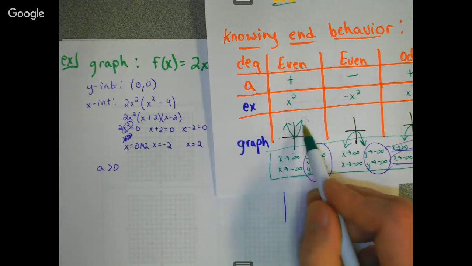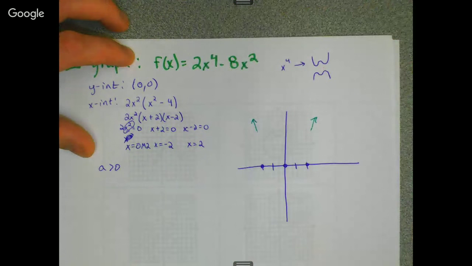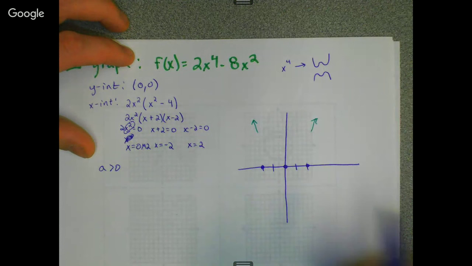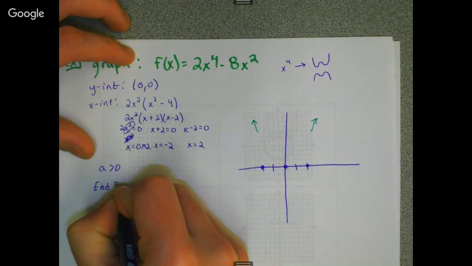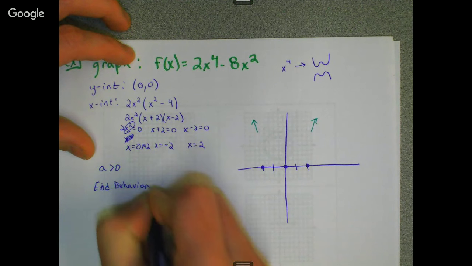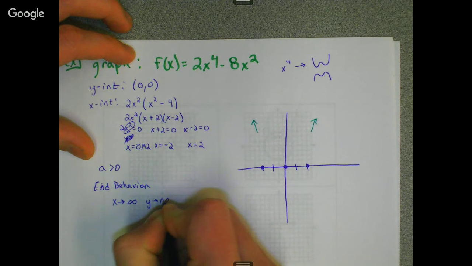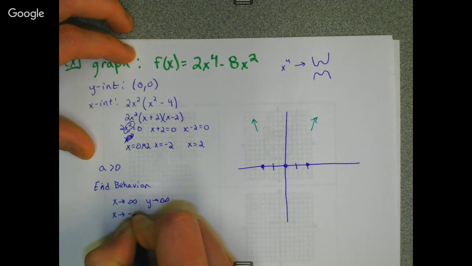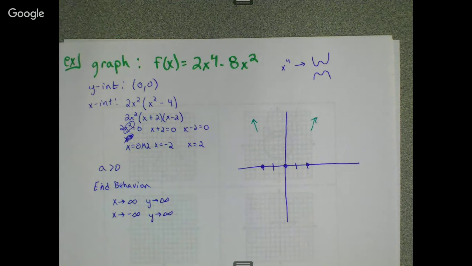So we're opening up, basically, is what's happening. So we can know over here, my end behavior, as x goes to infinity, y goes to infinity. As x goes to minus infinity, y goes to positive infinity. Okay?